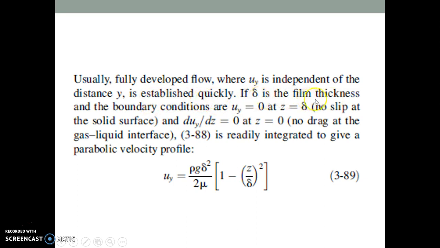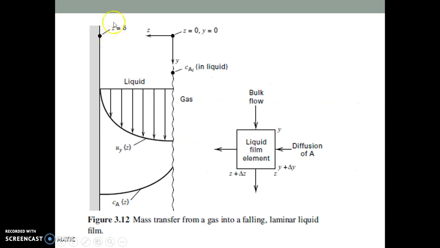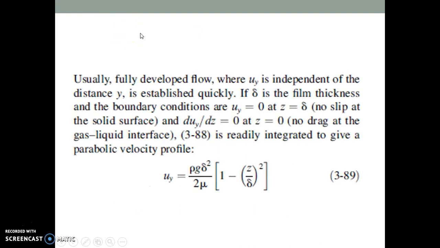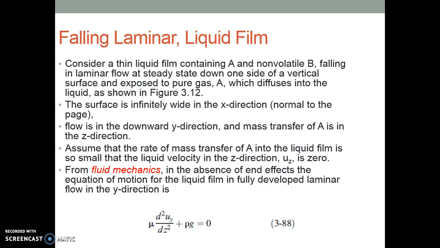If delta is the film thickness, the boundary conditions are uy equals 0 at z equals delta, meaning no slip at the solid surface, and duy over dz equals 0 at z equals 0, meaning there is no drag at the gas-liquid interface, which is shown in equation 3.88.